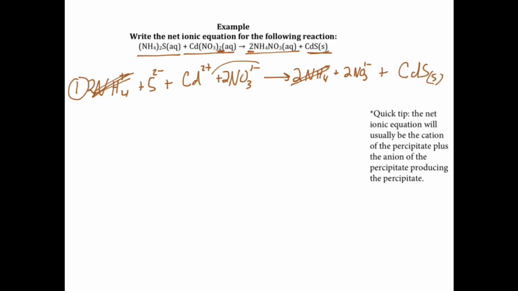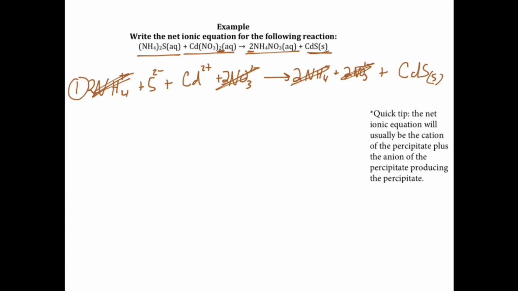Then notice this is also an aqueous ion here and here. It's an aqueous ion on both sides, so this we also cross out. But notice this here is an aqueous ion, but it's no longer an aqueous ion over there. It's a solid, so we do not cross those out. And this one, again, is an aqueous ion, but then it's no longer an aqueous ion, so we do not cross it out.